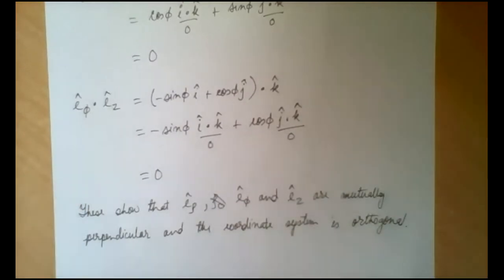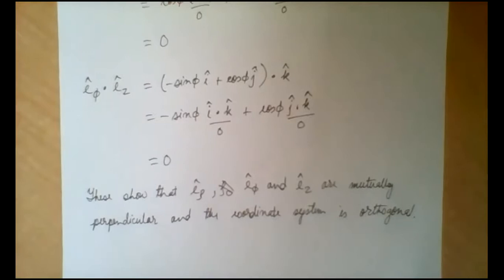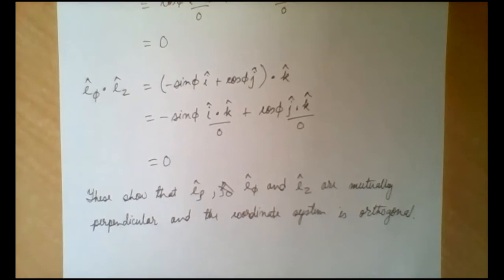Correct. So the coordinate system is orthogonal, and the proof is that the three coordinate surfaces intersect at right angles to each other. The unit vectors along the three coordinate curves are mutually perpendicular, which is why the coordinate system is orthogonal.